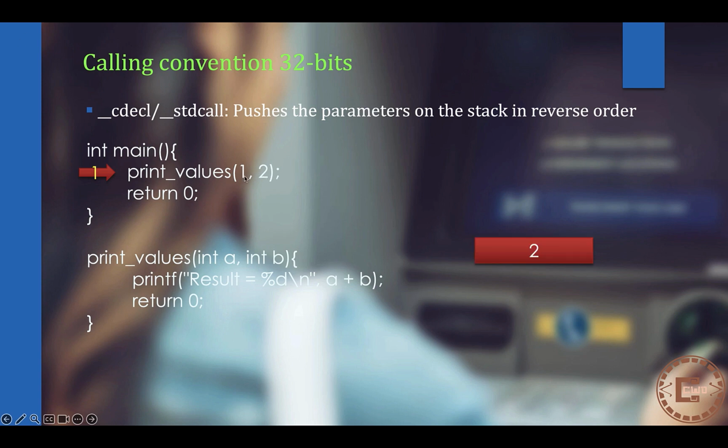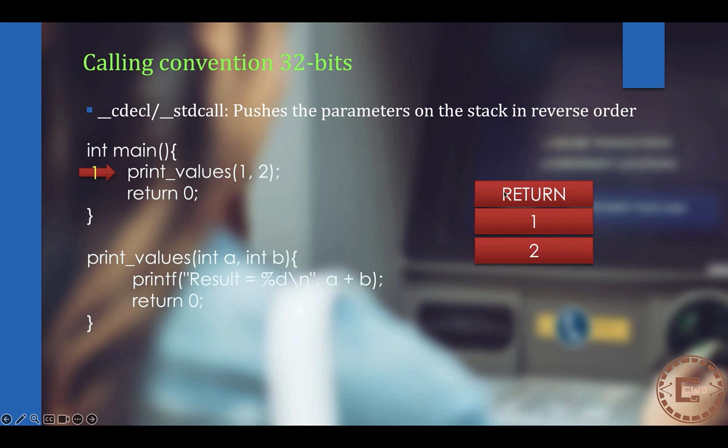Then we start. The CPU pushes the number 2 in reverse order, then the number 1, and the last thing to be pushed is the return address. Meaning, after this guy is done, where should I come back to in the program? It is to this address.